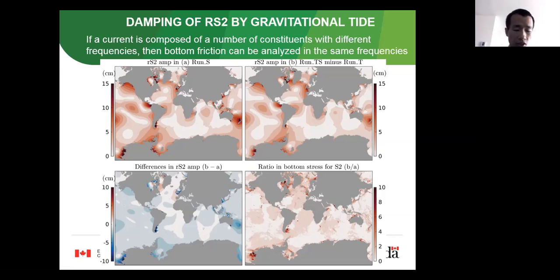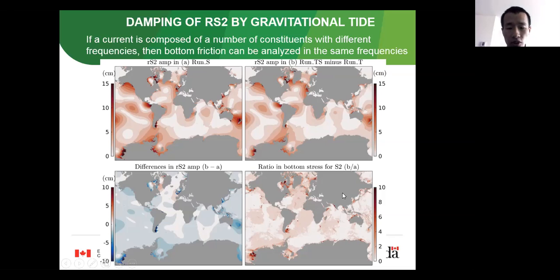To examine the causes, we look at the bottom stress and S2 frequency. We derived the S2 bottom stress from case A, the surge-only run, and case B, the difference between these two runs.